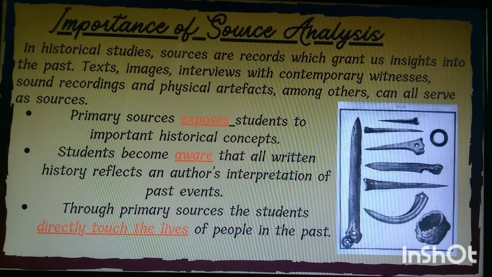Text, images, interview with contemporary witnesses, sound recording and physical artifacts, among others, can all serve as sources. Primary sources expose students to important historical concepts. Student becomes aware that all written history reflect an author's interpretation of past events.